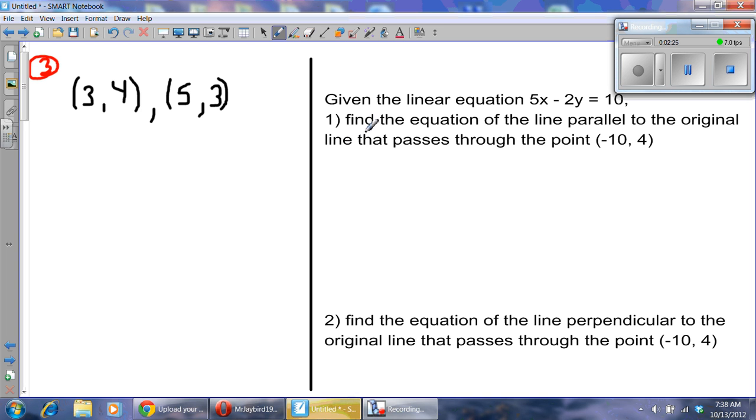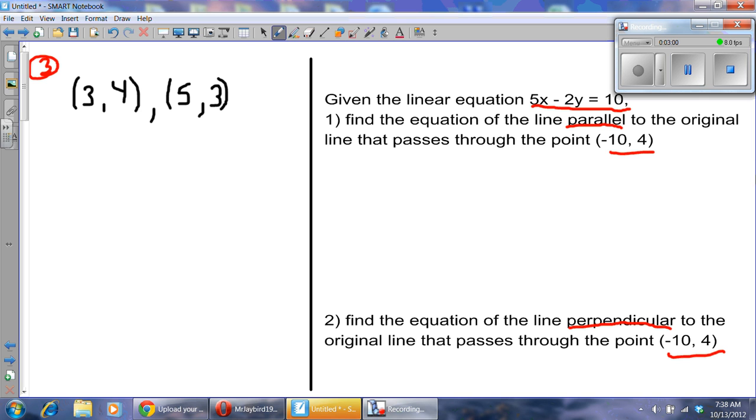You need to find the equations of the lines parallel and perpendicular to this equation, and they pass through these points. So go ahead and pause the video, see what you can do with that. I'm going to run through all 3 problems, so if you want to do problem 3 and then watch my solution, and then pause and go back and do problem 1, that's fine. I'm going to run through all 3 starting right now.